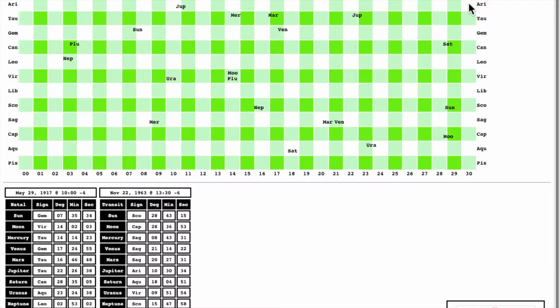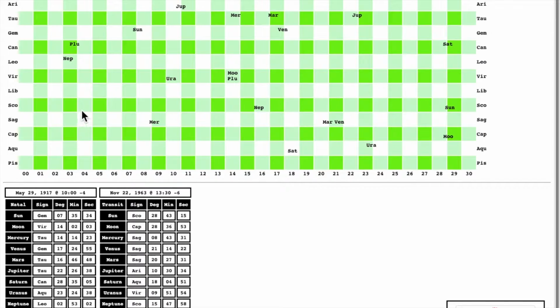So if you come off the edge at 30 degrees of Aries, you'll come onto the edge here at Taurus. And it works that way all the way down, like you're reading a page in a book. You just go from left to right, top to bottom, and the planets that are in a vertical line are aspecting each other.